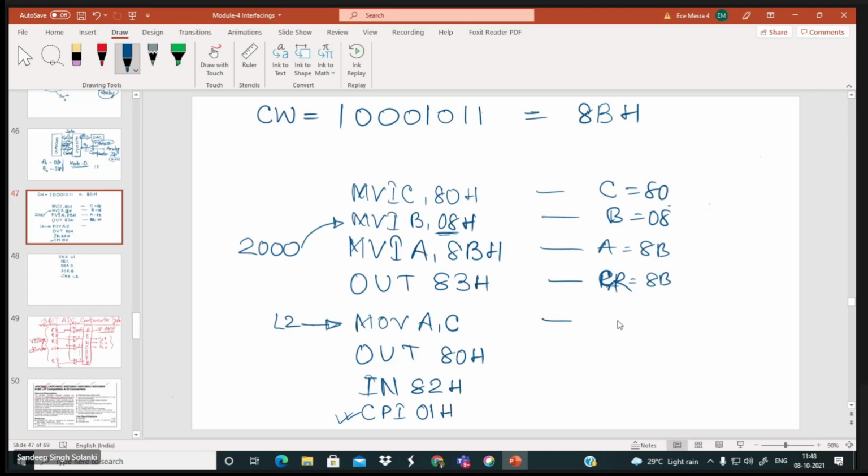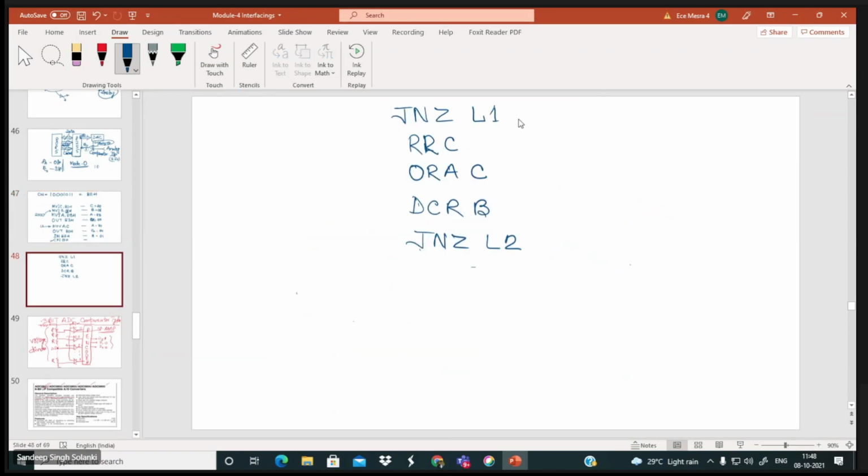With this instruction, your accumulator gets 80. With this instruction, port A gets 80. With this instruction, accumulator gets 01. Then with this instruction, we are having a decision: the zero flag is 0 or 1. So the flag part is going to appear.